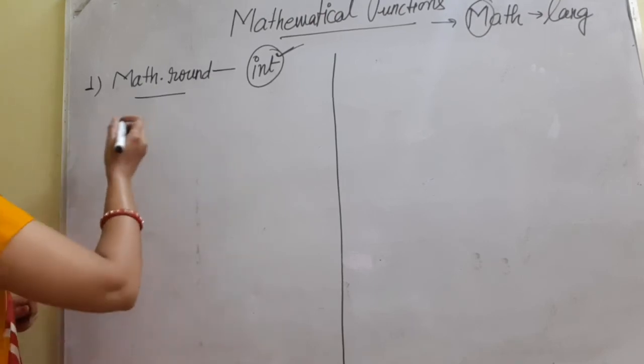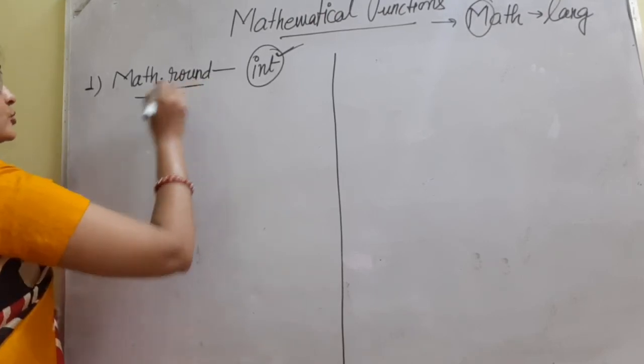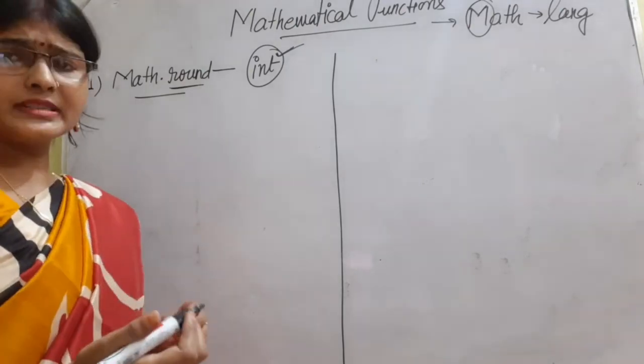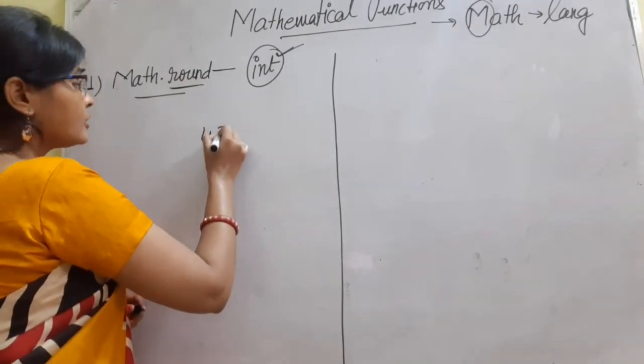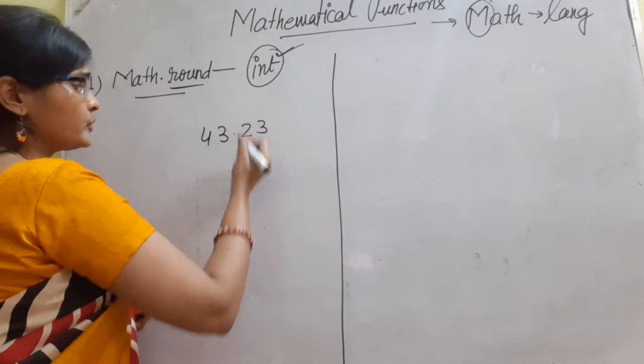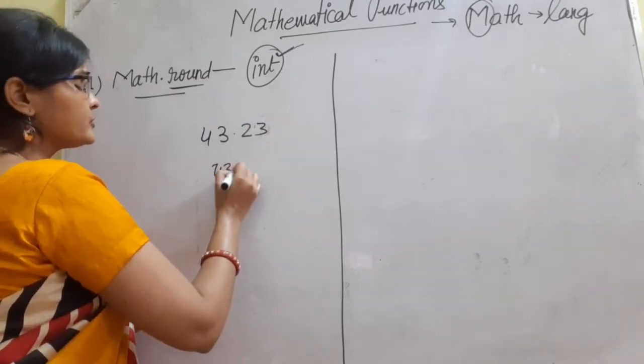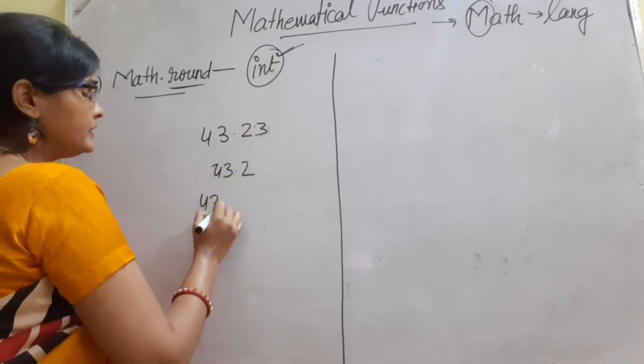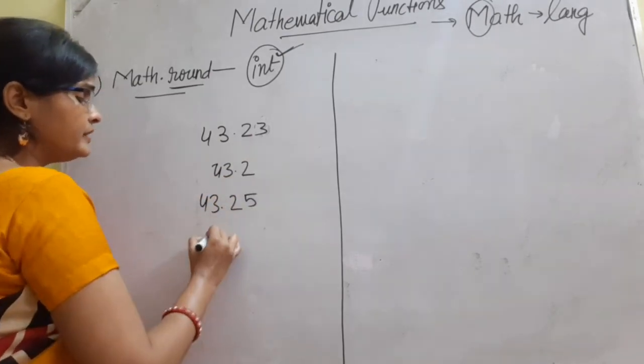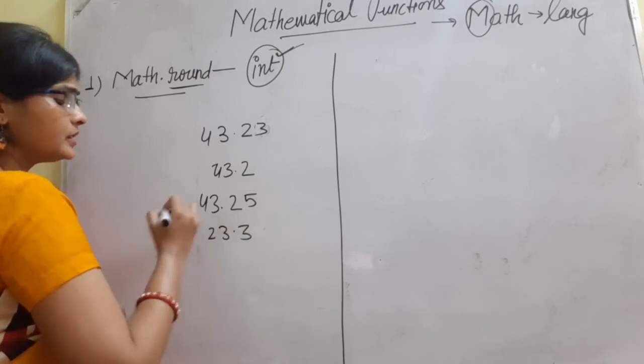Clear? Actually it is used to round up the value. For example, if we are writing 43.23, generally we write 43.2. If we are writing 23.25, we write 3.